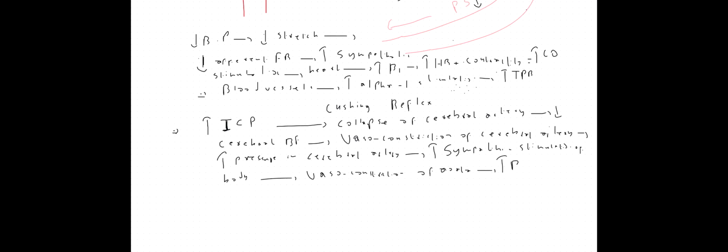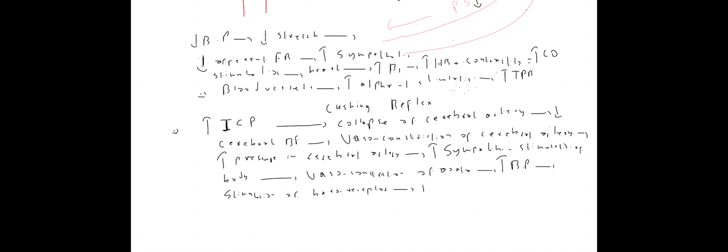If your blood pressure goes up in the aorta, you know that within the aorta the baroreceptor is located, which is very sensitive to pressure changes. So it will lead to stimulation of the baroreceptors. When baroreceptors are stimulated, the firing rate of the baroreceptor afferent fibers will increase.